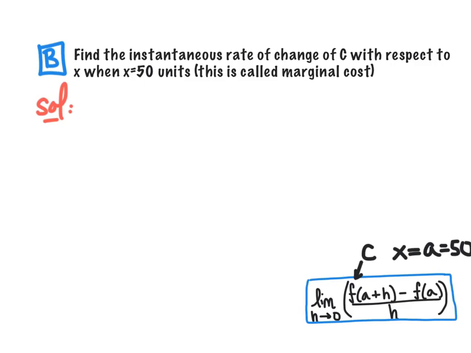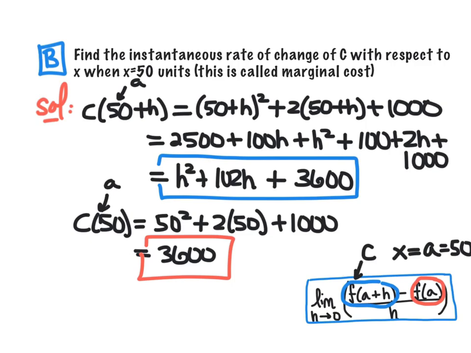All right, so let's compute the two things that we need to find. That's cost of a plus h and cost evaluated at a. Again, a is 50. So if you take the cost function of a plus h, that's 50 plus h, we're going to use the equation for cost on the previous slide, x squared plus 2x plus 1,000.